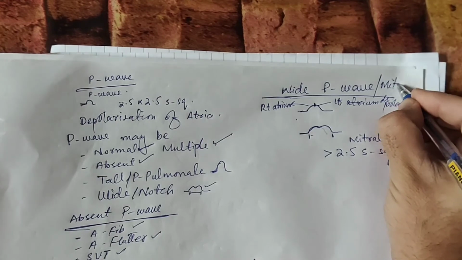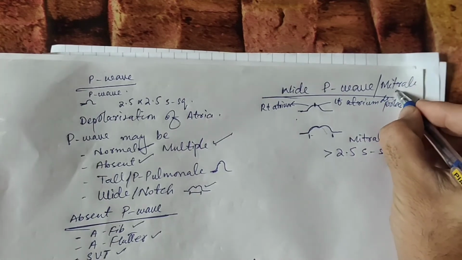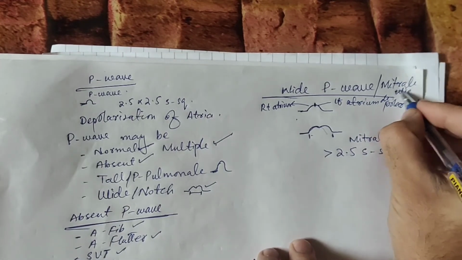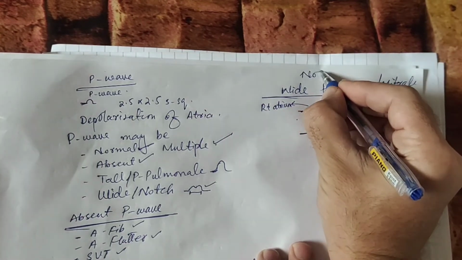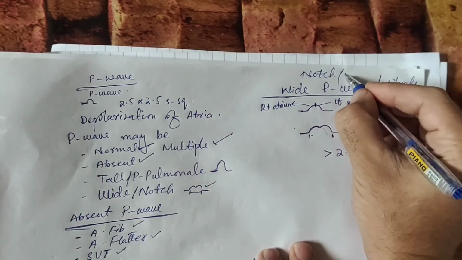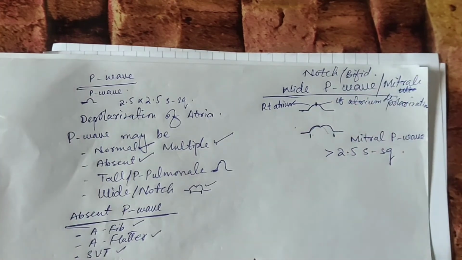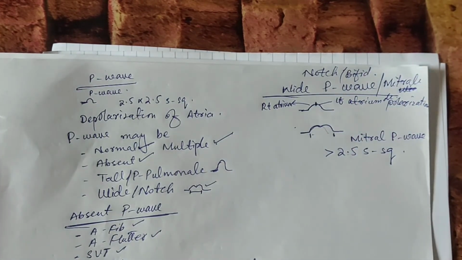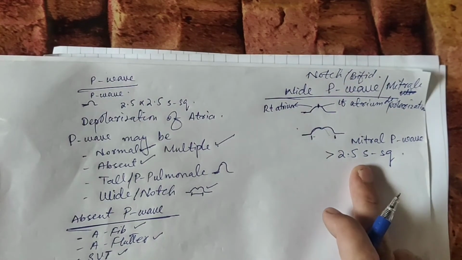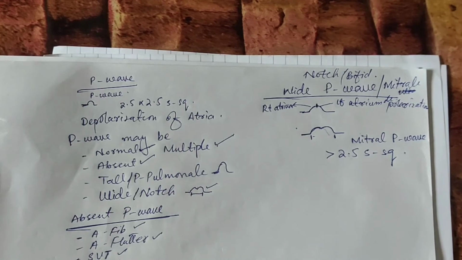Wide P-wave or notch or bifid. In left atrial enlargement, when the P-wave is more than 2.5 small squares, in which cases do we have mitral P-wave?